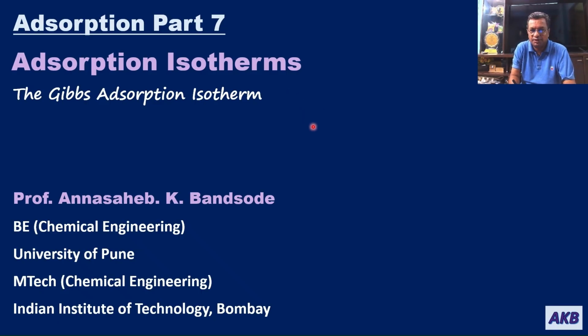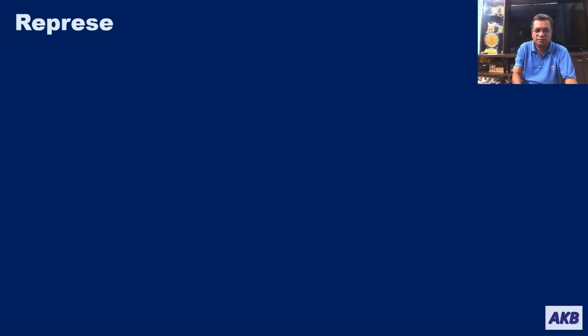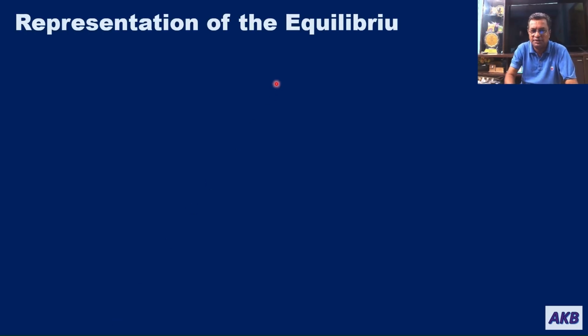So let us begin today's discussion. Okay, so let us begin by understanding how to represent the adsorption equilibria. Whenever you have adsorption, two phases are involved. One is the adsorbent, which is a solid, and it is contacted with a fluid phase.